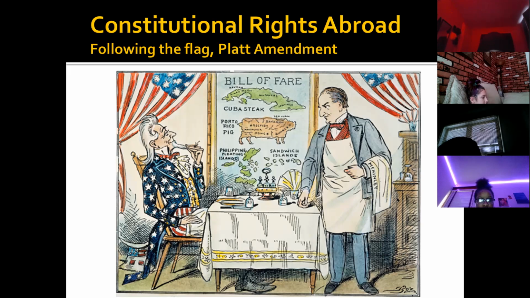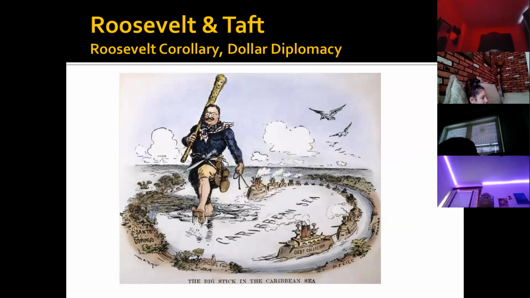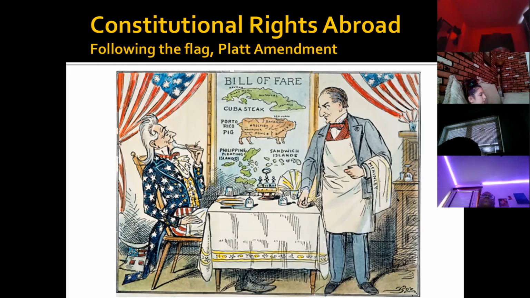And while all of this is going on, Cuba becomes a problem again. At the end of the Spanish-American War, the United States troops decided to stay. But after a couple of years, Cuba wanted them out. And so the US passes the Platt Amendment, which is on the screen.